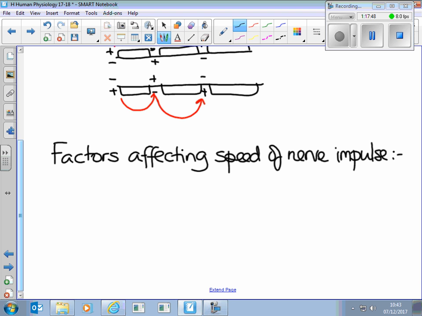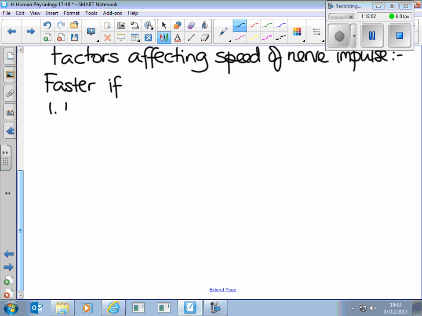Right, the factors affecting the speed of the nerve impulse. It's faster if, first of all, it's myelinated. Secondly, if it's warmer.